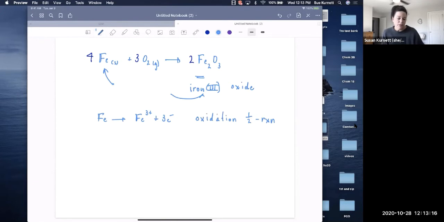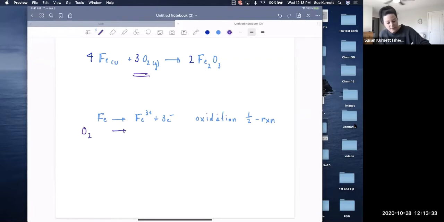Anytime that electrons are lost, something else has to gain those electrons. And in this case, it was the oxygen that gained the electrons. So oxygen went from being neutral to becoming oxide. Each atom gained 2 electrons.